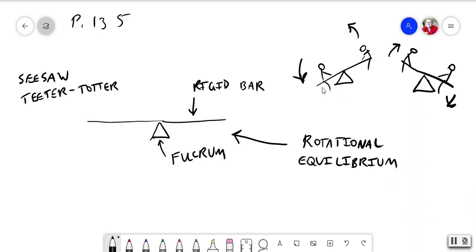Obviously, a seesaw can't go in a full circle. The person on the bottom would hit the ground. But it's circular in the way it's going. So rotational just means going in a circle. Equilibrium means balance. So in other words, all the forces affecting this are all balanced out and no motion is occurring. So a balanced seesaw is in rotational equilibrium. It's not moving anywhere, it's not going anywhere, it's not doing anything.